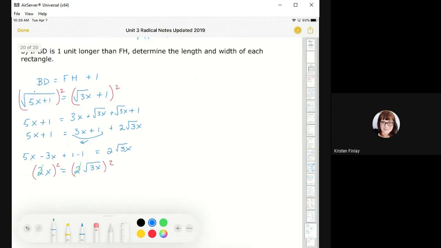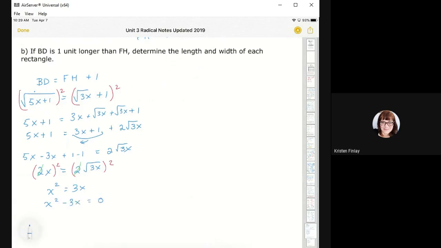I do that. I get x squared equals 3x. I'm going to move everything over to the other side because I like a nice positive x squared. So I'm going to have x squared minus 3x equals 0. So I get x times (x minus 3) equals 0. So x would be 0 or 3.